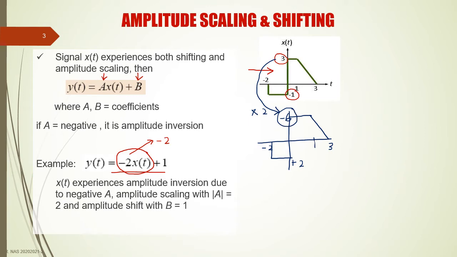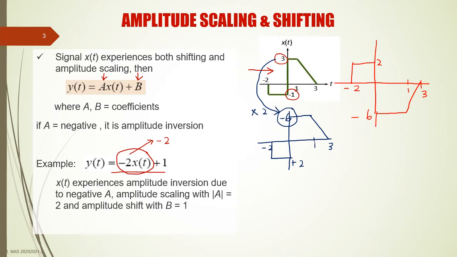Okay, so now redraw or rearrange the axis. You will get +2, and then -6. So this is -6, and here is +2, and the t is -2. Here is 1 and 3. Okay, what will happen next? You have done the first part.